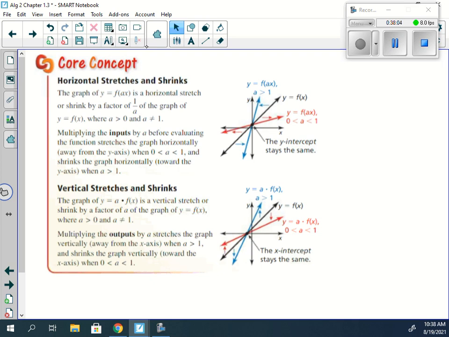So that means whole numbers shrink, and fractions, anything between 0 and 1, stretches it. So if I had a horizontal movement by 1/2, it would be a what? Stretch. But what I plug in would be 1 over a, which is 1 over 1/2, which would be 2.